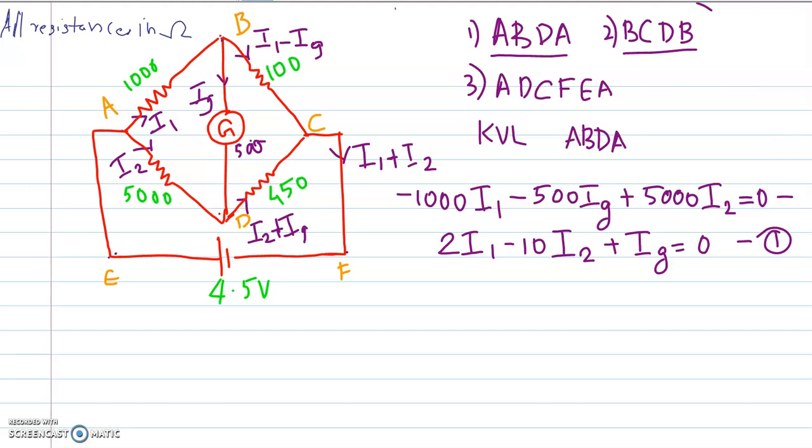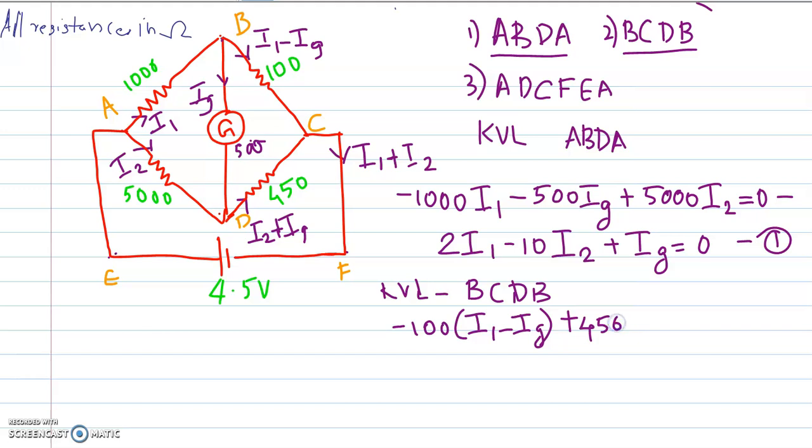Next we are looking at the KVL for BCDB. From B to C, I am moving in the same direction as the assumed current, so it is a drop in voltage, and therefore it is minus 100 (I1 minus Ig). Then from C to D, I am moving in the opposite direction of the assumed current, and therefore it is a rise in potential, so it is plus 450 (I2 plus Ig).